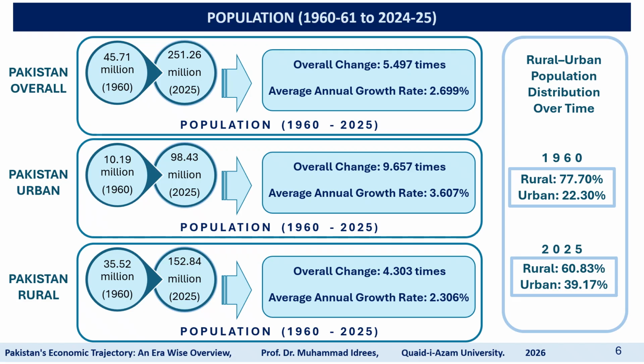So the share of urban population increased from 22.3% to 39.17%, whereas the share of rural population decreased from 77.7 to 60.83. So these figures are clearly telling us that there is a phenomenon of urbanization in Pakistan.